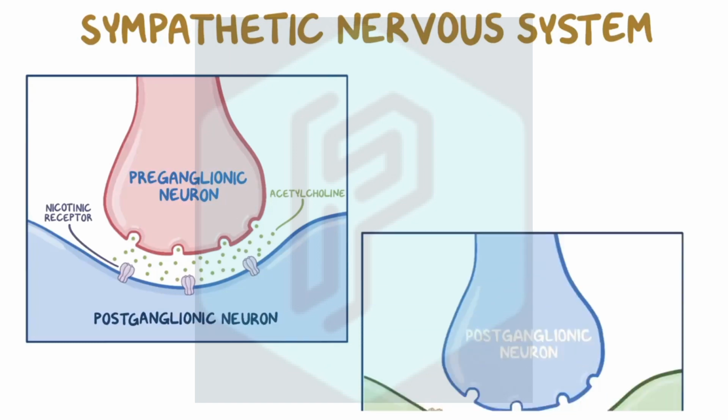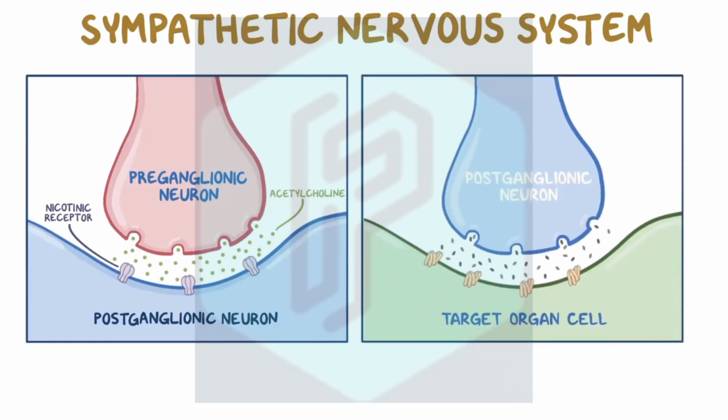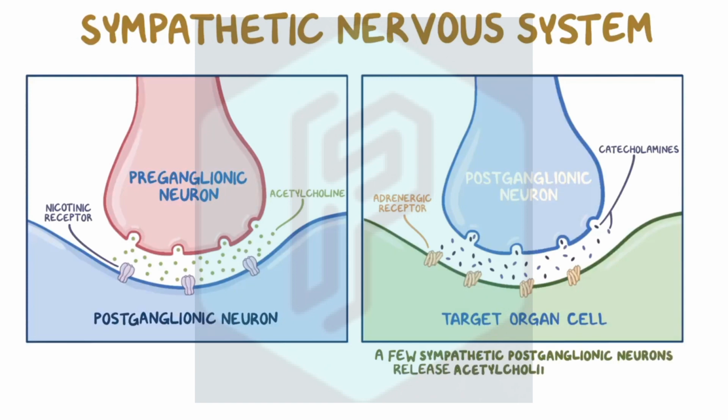Then, most postganglionic neurons release the neurotransmitters adrenaline and noradrenaline, which are collectively called catecholamines. Catecholamines bind and activate the adrenergic receptors that are located on the plasma membrane of the cells of the target organs. A few sympathetic postganglionic neurons release acetylcholine, which binds to muscarinic receptors on target organ cells.